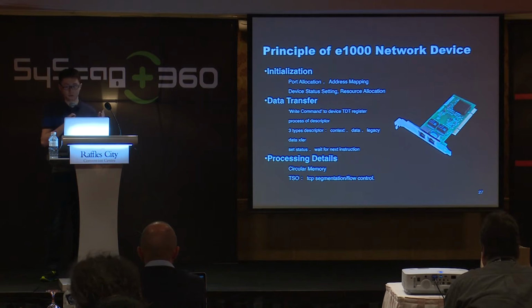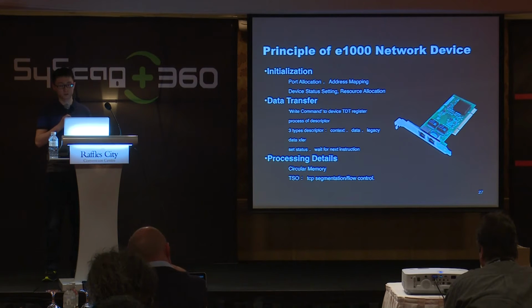After the operating system has started, while data is being sent, the network packet will enter the device driver component. Afterward, the device driver component will insert data into the descriptor table and set the TDT register of the network card to true.